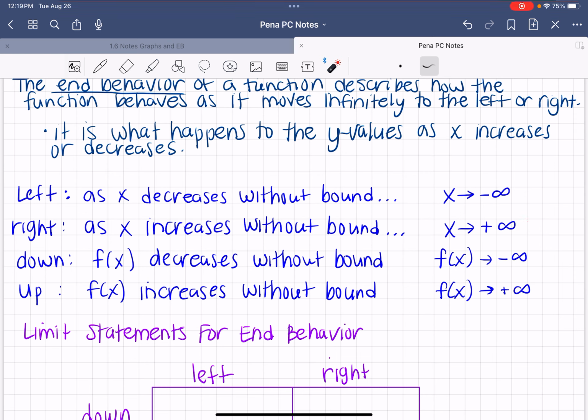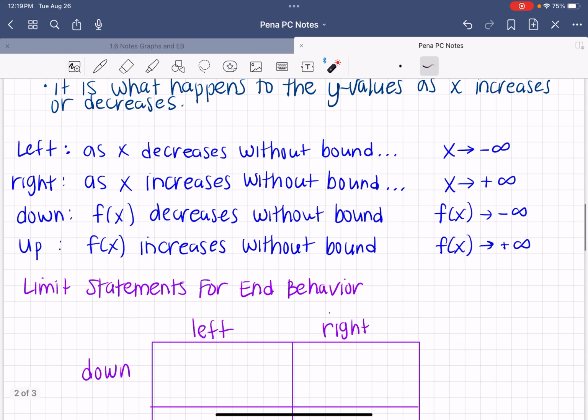If the function is pointing down, we use f of x: the function is decreasing without bound, so f of x is going towards negative infinity. If it's going up, f of x is increasing without bound, so f of x is going towards positive infinity. That's the direction in words, and then the notation for it.